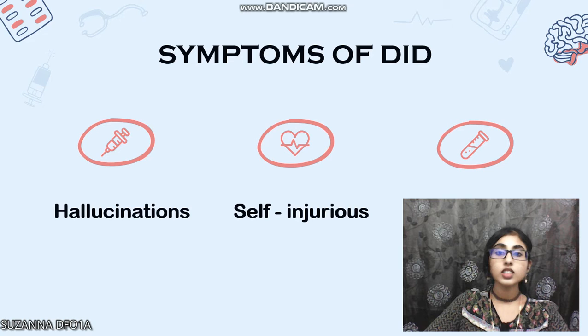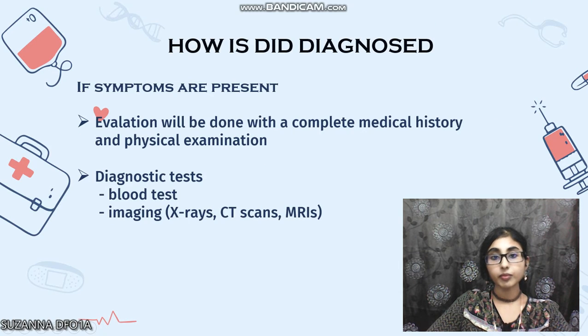Hallucination, they will hear some different voices. Other than that, self-injuries. Example of self-injuries is they will cut their hand or scratch their body. And lastly, substance abuse.